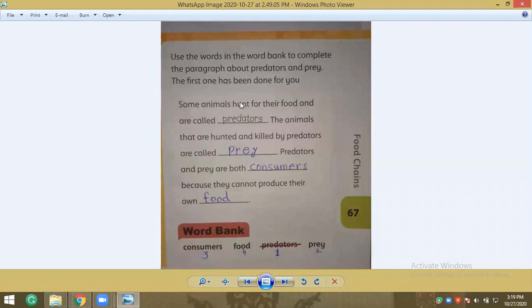The animals that are hunted and killed by predators are called prey. Predators and prey are both consumers, because producers are, what are producers? Plants. Because they cannot produce their own food. Okay, write them please.